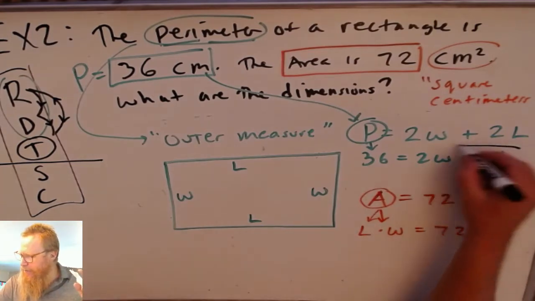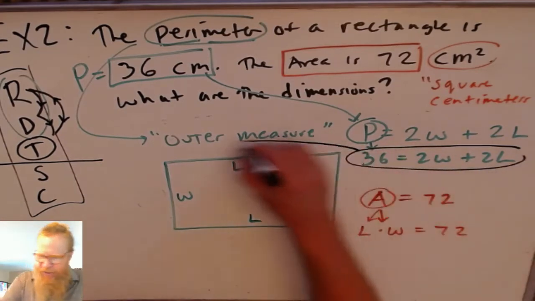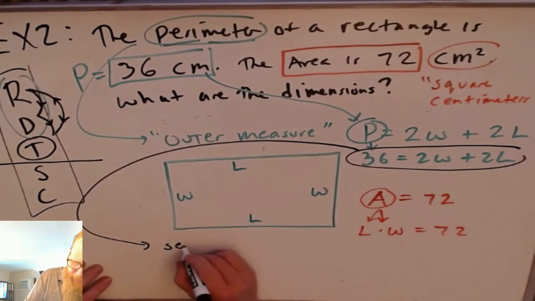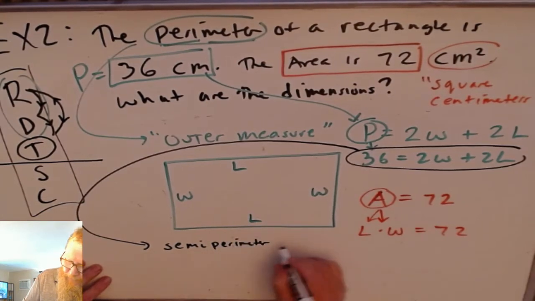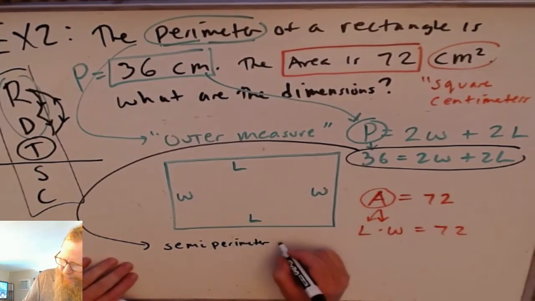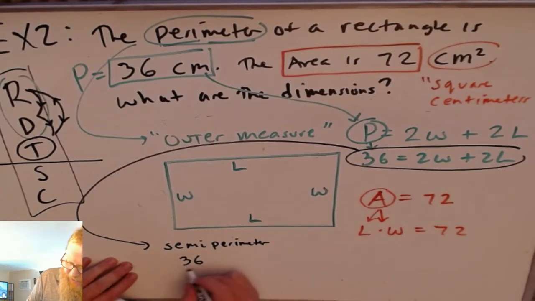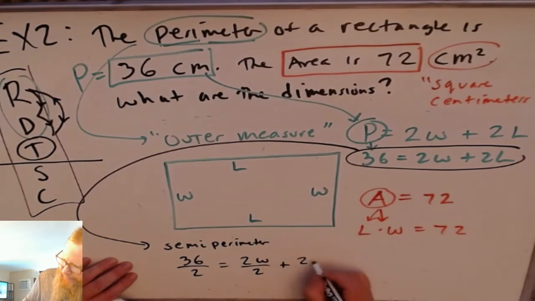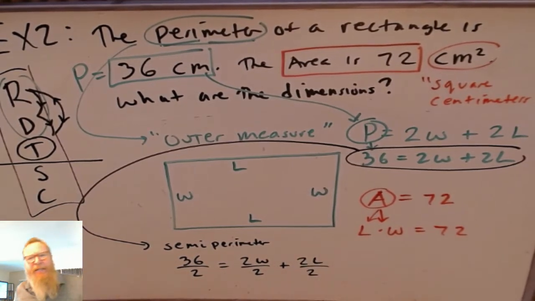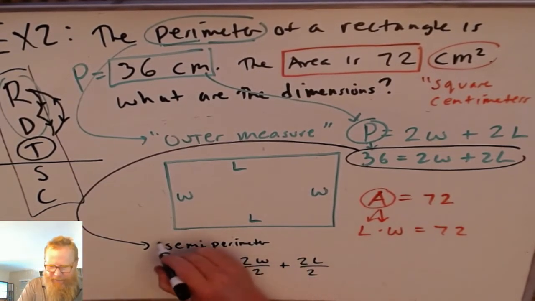One thing I like to do is calculate what's called the semi-perimeter. It just means that you take the perimeter and divide it by 2. When I say divide it by 2, I literally mean divide everything by 2.